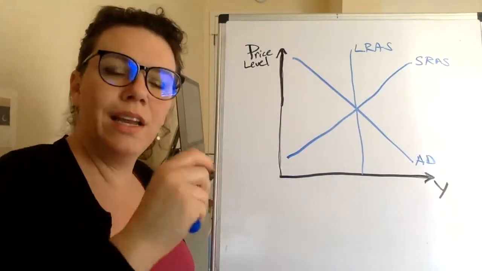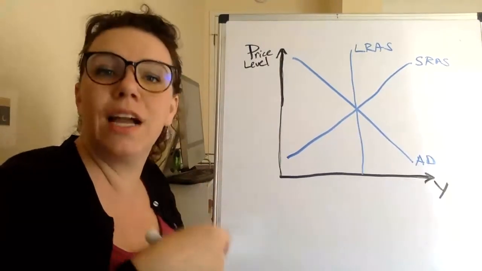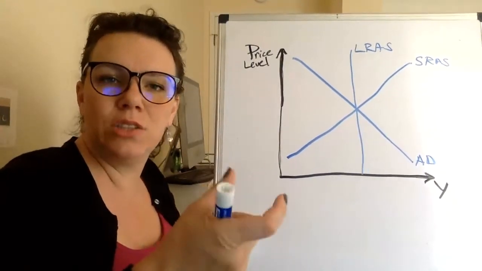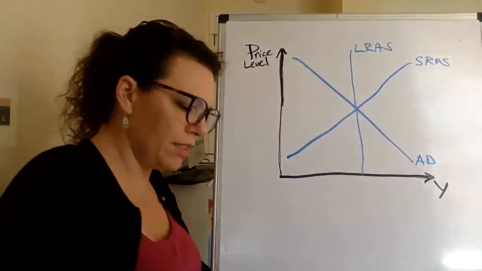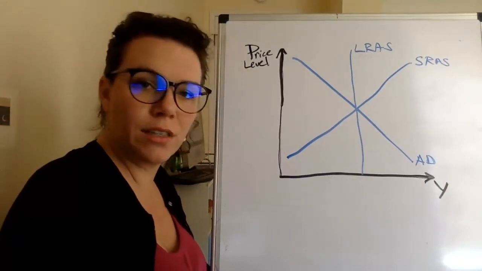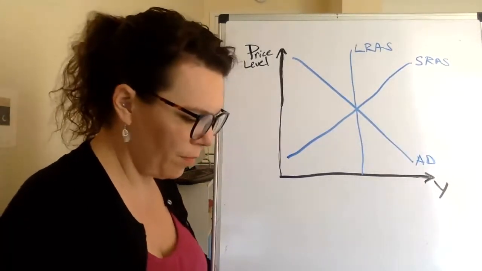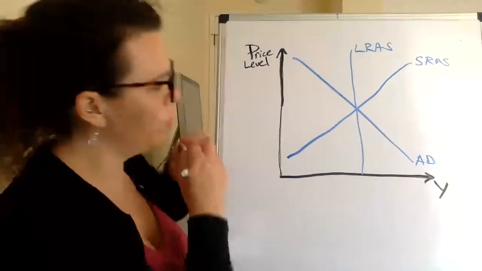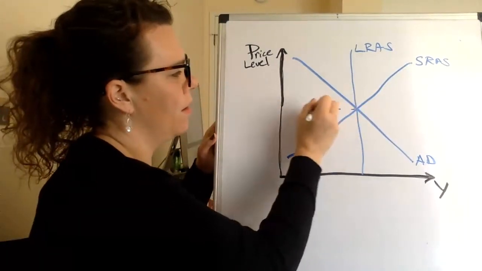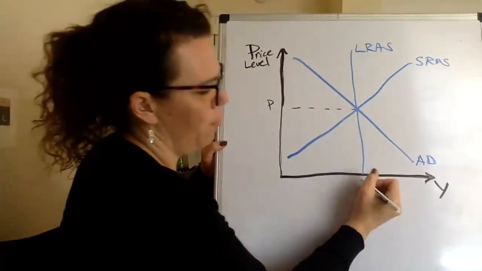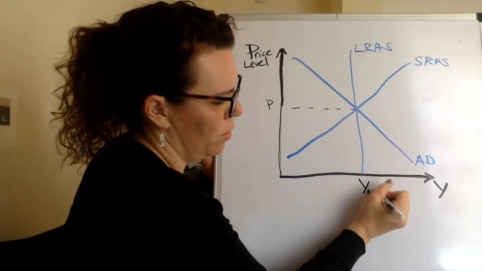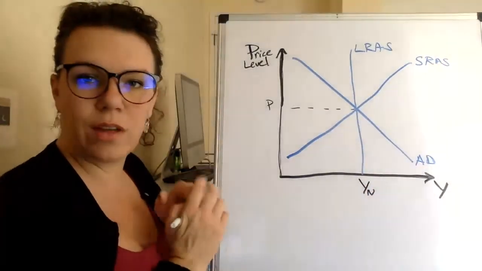This idea that a difference between the expected price level and the actual price level is going to lead to some economic adjustment. That's the sticky wage theory, sticky price theory, and misperceptions theory.